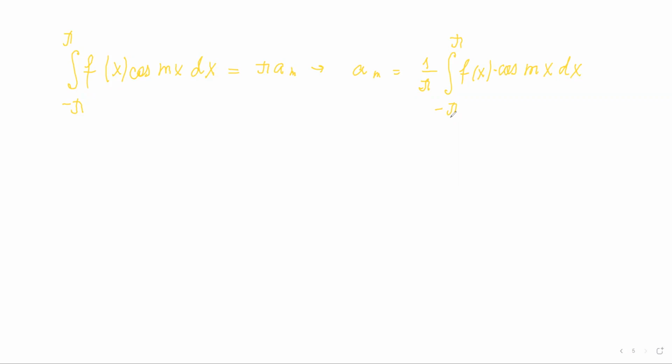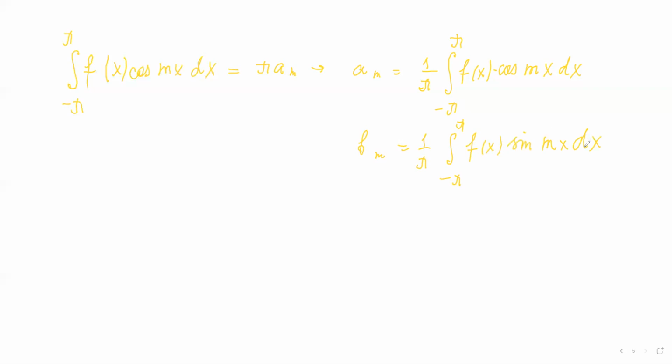You're going to see that almost all integrals are zeros because the system is orthogonal, except one integral, which is going to be the coefficient of the same sine by which you multiplied. So I'm going to just write down the coefficient bm. Because you are going to do the same steps, the formula is going to look similar: f of x sine of mx dx. That's how we calculate the coefficients.